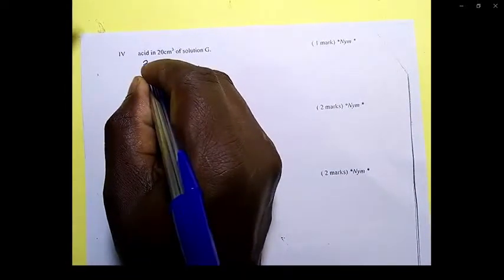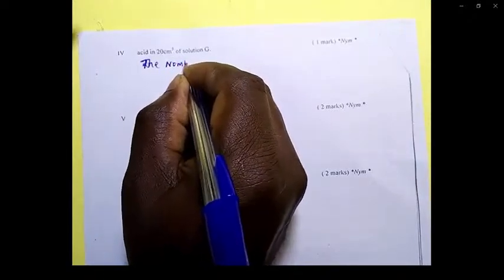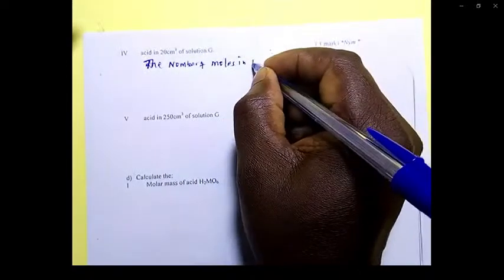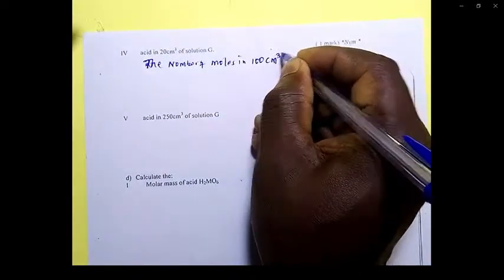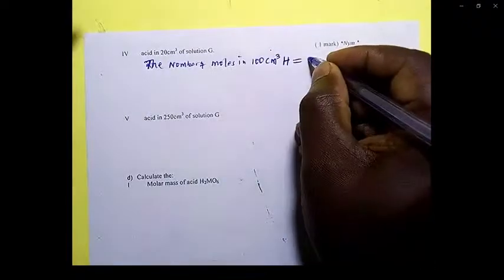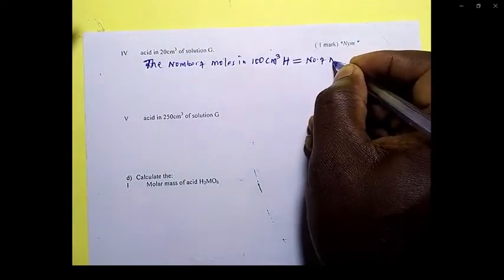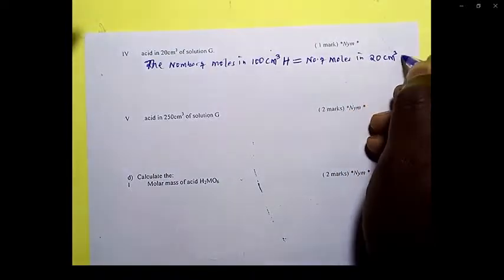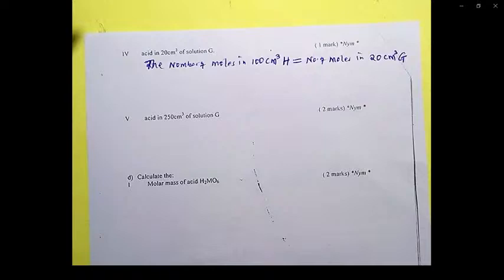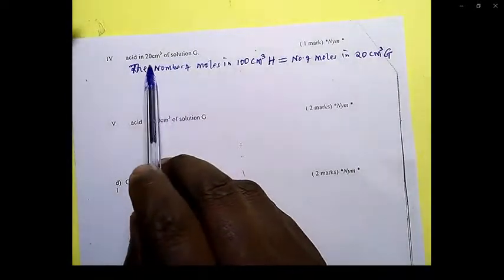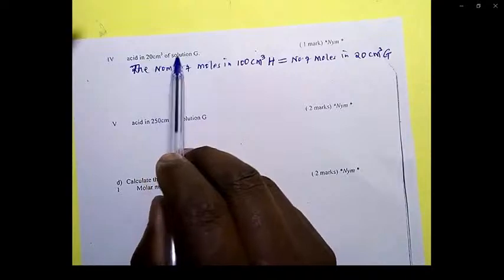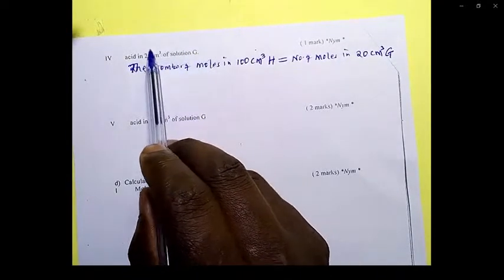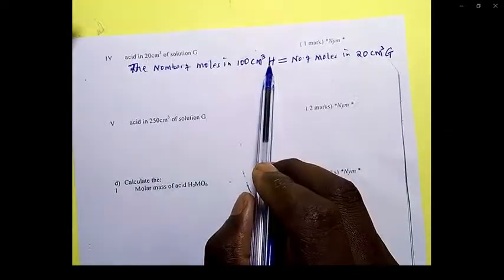The number of moles in 100 centimeters cube solution H will be equal to the number of moles in 20 centimeters cube solution G. If you didn't get the way I explained, remember, we measured 20 centimeters cube of G, added 80 centimeters cube of distilled water, forming 100 centimeters cube solution H.